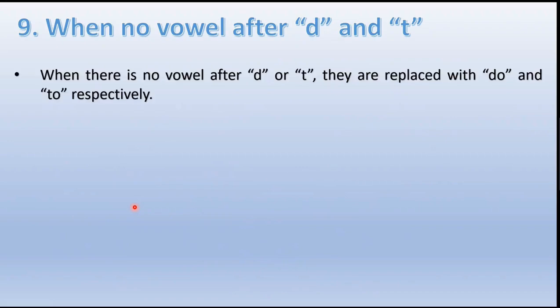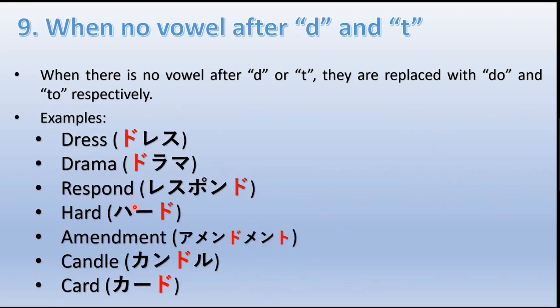Then we have the ninth rule, when no vowel after D and T. When there is no vowel after D or T, then we need to replace those sounds with do and to in Japanese respectively. For example, we have the English word dress. In Japanese, it will be written as doresu.